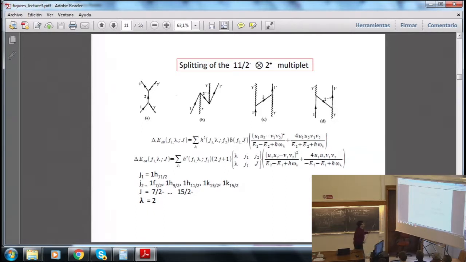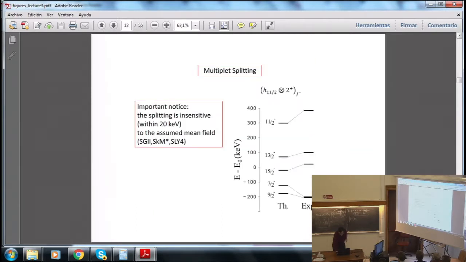And well, just as I was showing you in the last lesson, we can calculate this contribution to the splitting, and in this case it is a quintuplet.